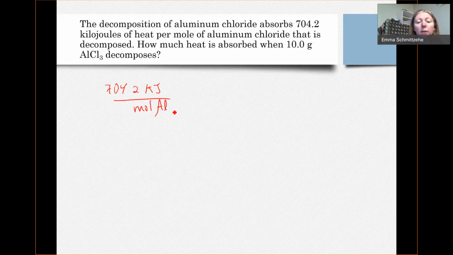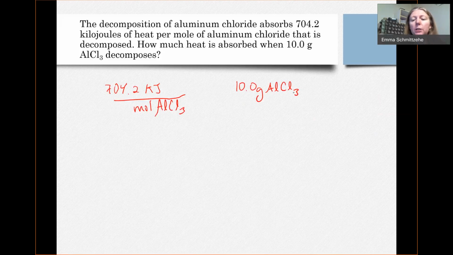That's AlCl3, an ionic compound. If you know the charges, you can get the formula. Then it says how much heat is absorbed when 10 grams of aluminum chloride decomposes. So we have 10 grams of aluminum chloride.